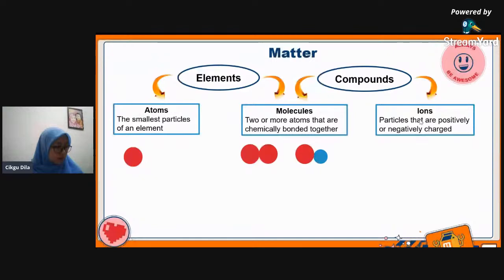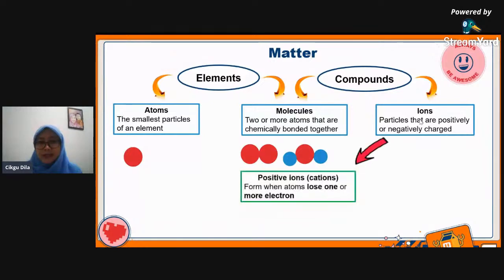Next, we move to the ion. An ion is a positively or negatively charged particle. For a positive ion, we call it a cation. A cation forms when an atom loses one or more electrons. For example, when the atom loses one or more electrons, it will be a positive ion, which we call a cation.